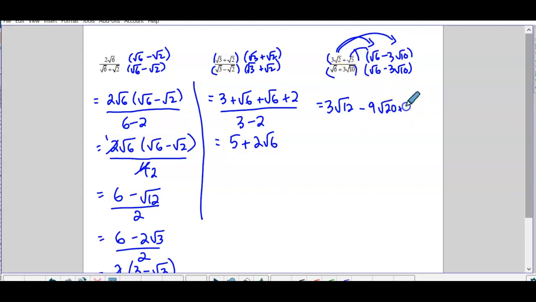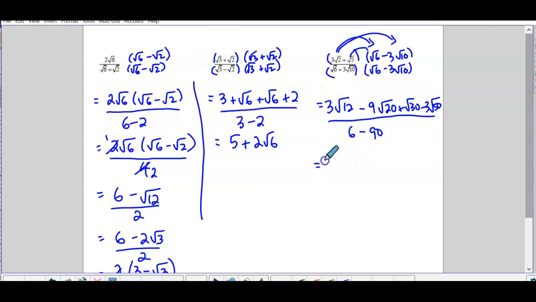Inside will be plus root 30. And last terms will be minus 3 root 50. Squishy here. Denominator will be 6 minus 3 times 3 is 9 times 10 is 90.